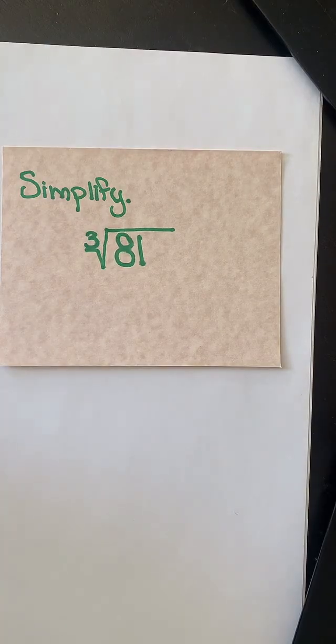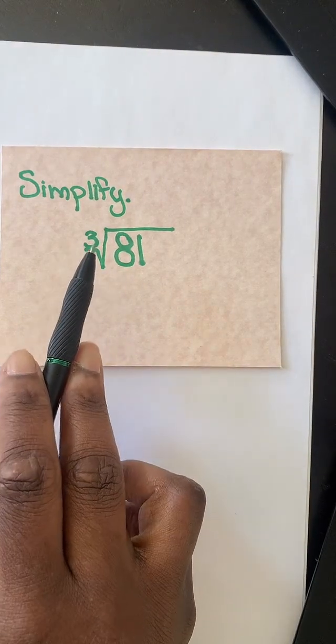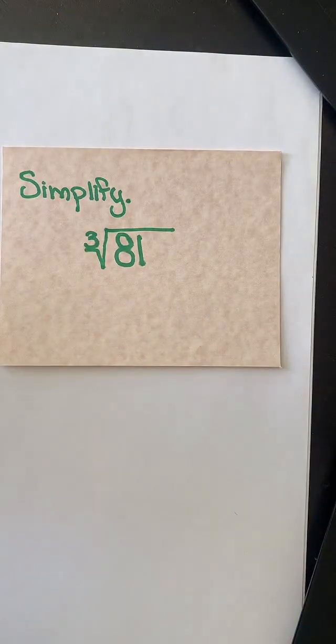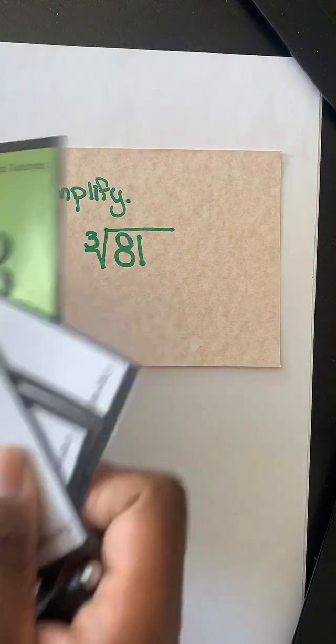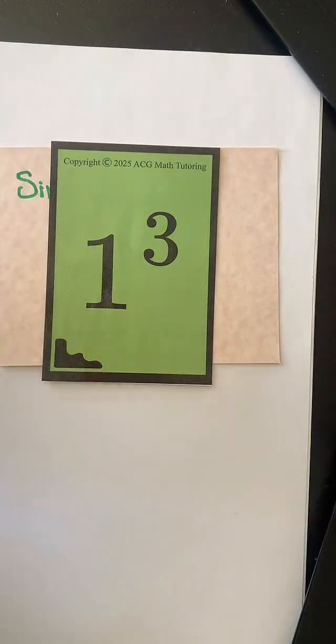All right, so now we have to switch our brain in a moment. We are looking at what's called a cube root. Cube roots are basically numbers dealing with the inverse of my cubes. If I said 1 cubed, that's the same as saying 1 times 1 times 1.